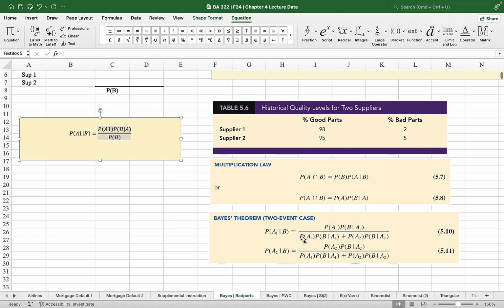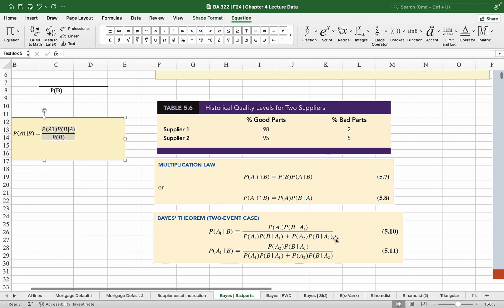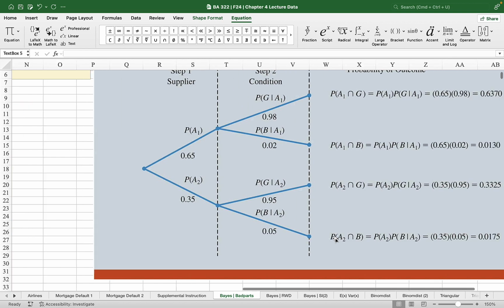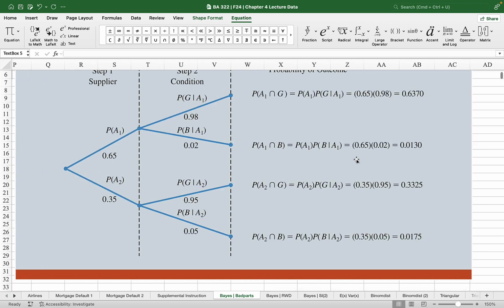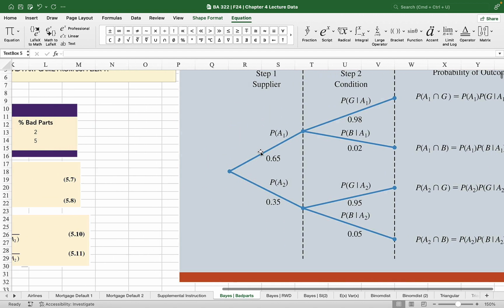But what we can see here is that the probability that it came from supplier 1 multiplied by the probability that it's bad given that it came from supplier 1 is this piece here, right? 65% times 0.2, 1.3% are bad.